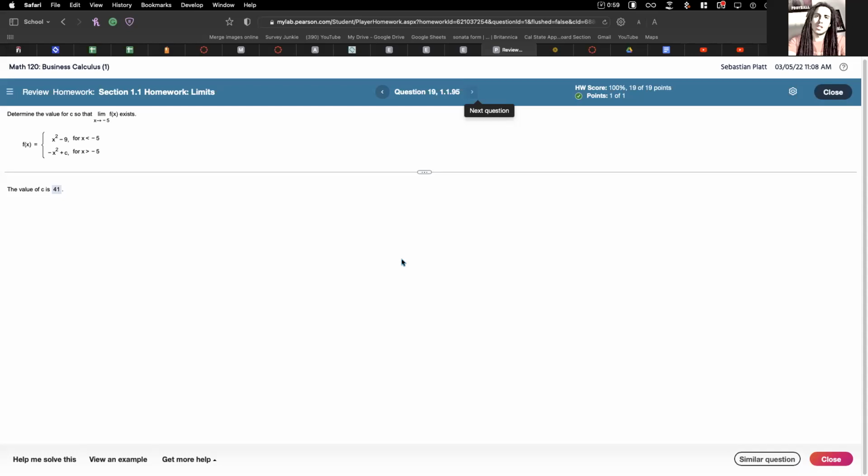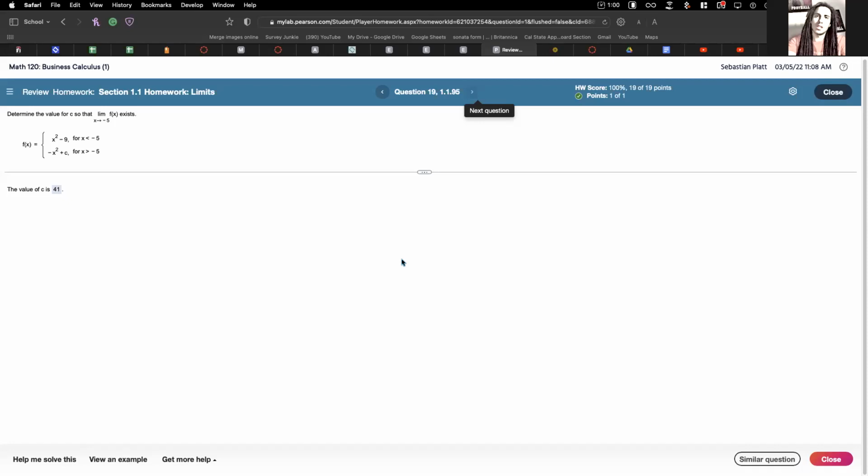Okay, now we got the last question for section 1-1. So this time our f of x is going to be equal to x squared minus 9 when x is less than negative 5, and negative x squared plus c when x is greater than negative 5.